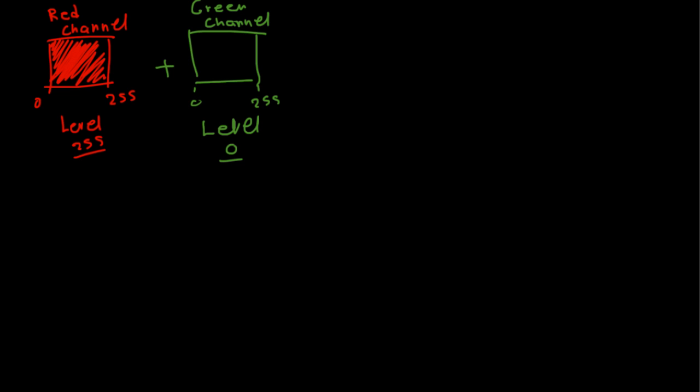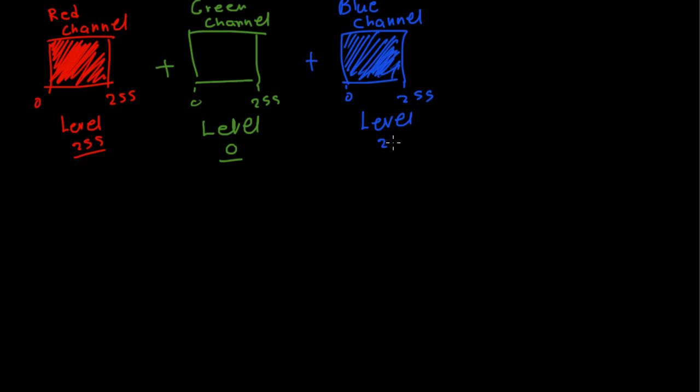And let's add some blue color right now. The blue bucket is also going to be full because we want to make purple color. So let's fill this bucket up. The blue bucket, or the blue channel, goes from 0 to 255, and the level would be 255 just because the bucket is full.